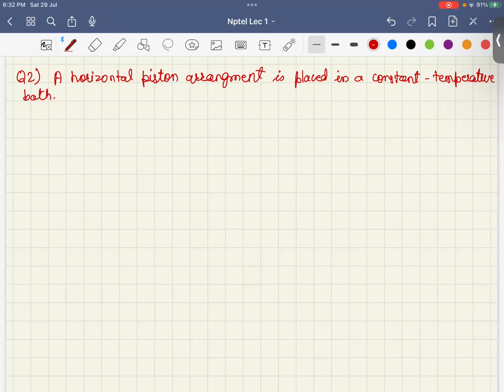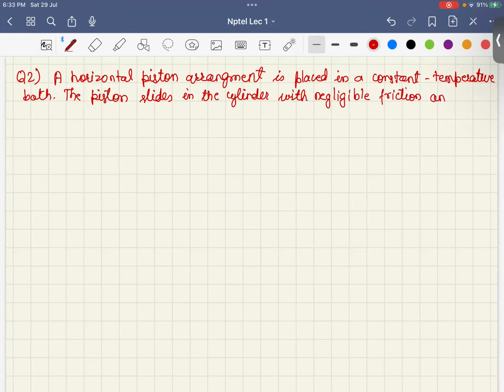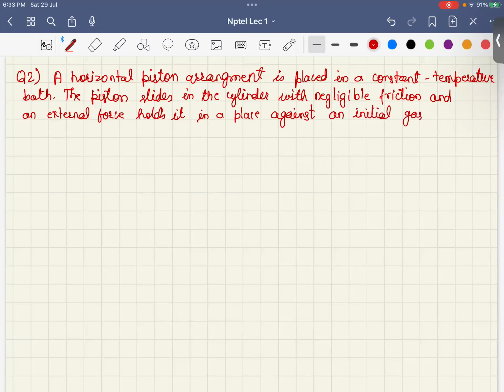The piston slides in the cylinder with negligible friction and an external force holds it in place against an initial gas pressure of 14 bar.